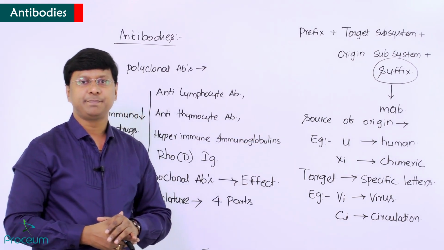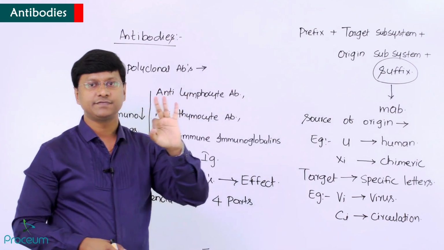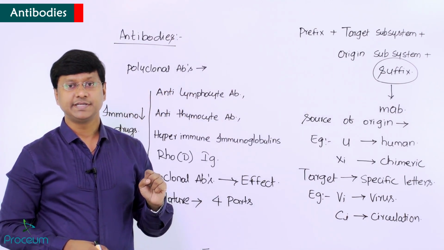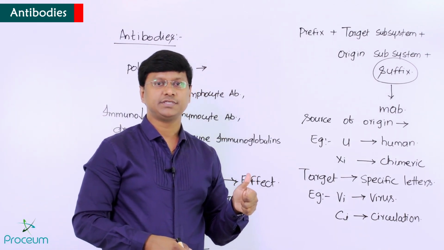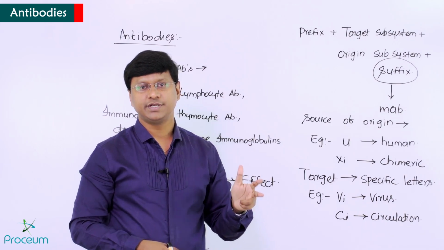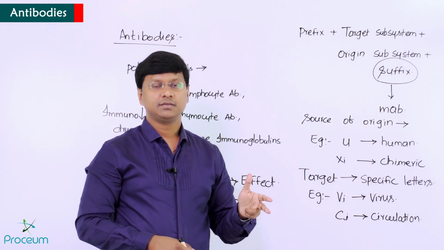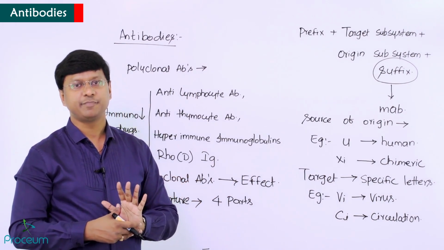Now remember, previously the target consisted of 3 letters. The first letter is a consonant, the second letter is a vowel, the third one is a consonant again. But the third consonant can be deleted for ease of pronunciation.